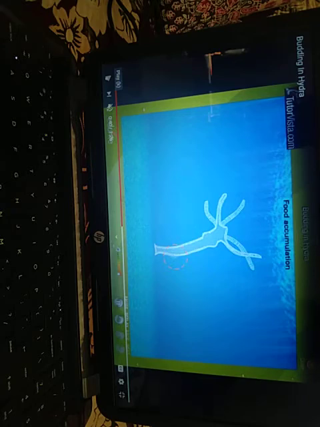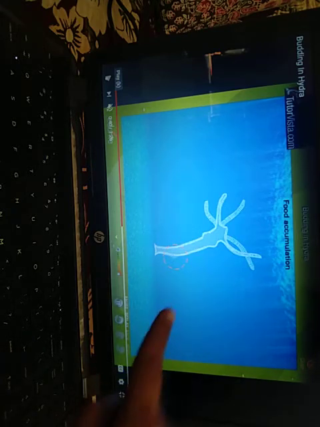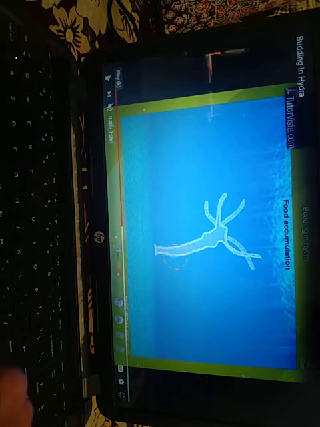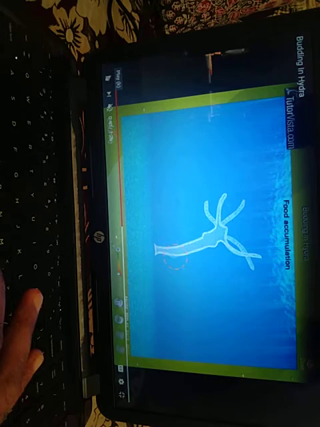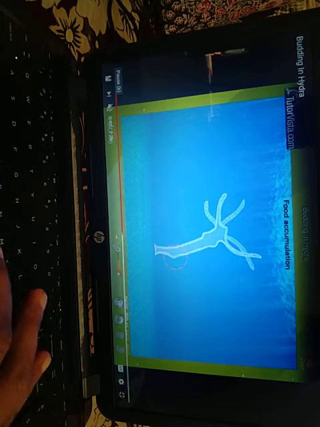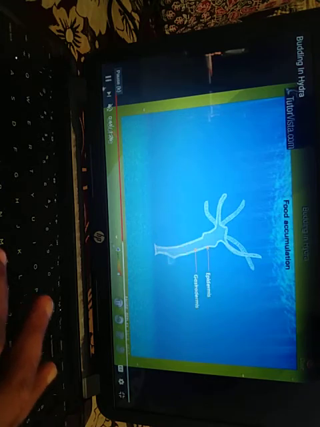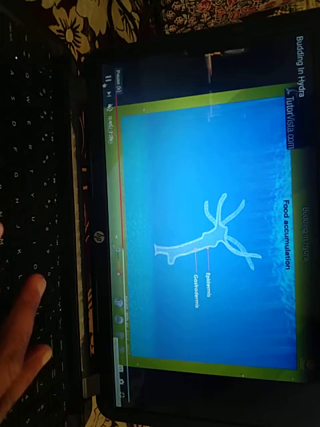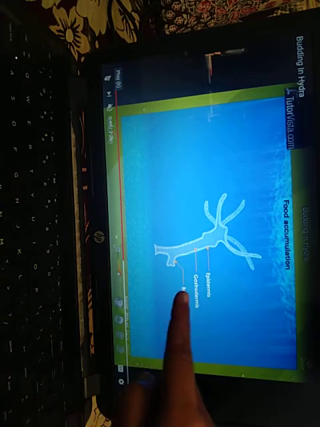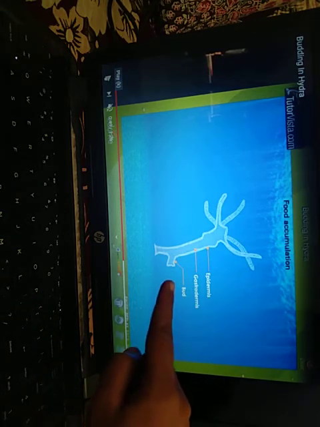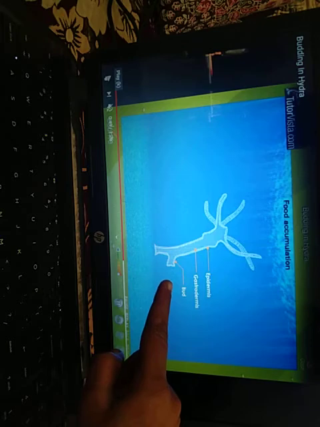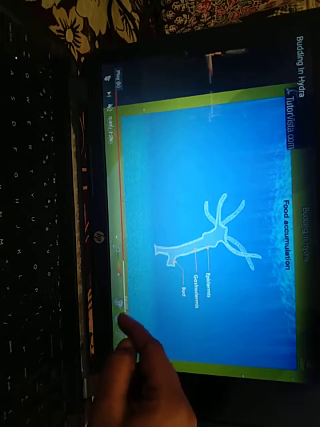So in some portion the food material gets accumulated, and there is division in the cells and outgrowth formation takes place. This outgrowth that you can see develops as a bud in the case of hydra.